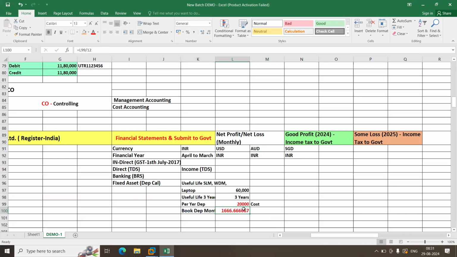If I don't book this depreciation cost month on month and just run the business, then for the first 11 months the reports I'm seeing, net profit or net loss, look like good profitability because you are missing so much depreciation cost. The total depreciation cost of 20,000 you book in the 12th month, and suddenly in the 12th month the cost is booked in your books. Then automatically it is going to impact your profitability.